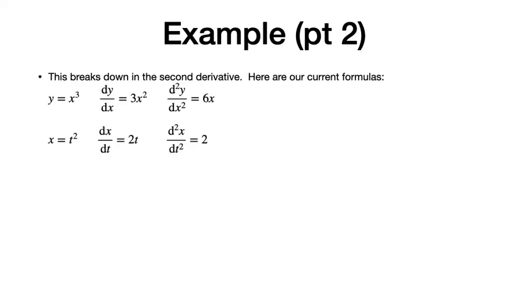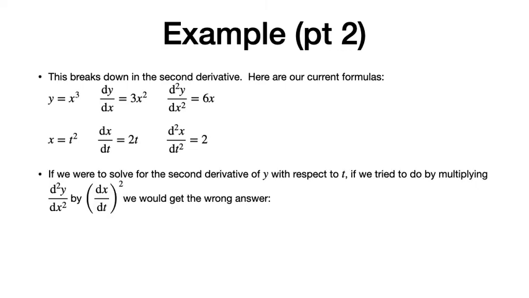The problem comes in the second derivative. Here are the formulas, both the first derivative and the second derivative formulas. The problem is that if you could actually separate out the differentials here, then if we wanted to solve for the second derivative of y with respect to t, we should be able to just multiply it by dx over dt squared, right?